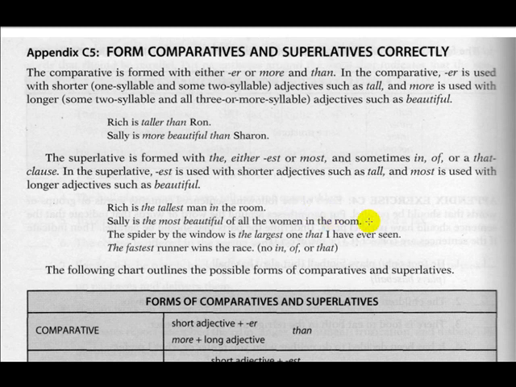Next we'd have Sally is the most beautiful of all the women in the room. Making a comparison, in other words, a superlative. We're comparing Sally with all the other women. So Sally is the most beautiful, and beautiful is a three-syllable word.